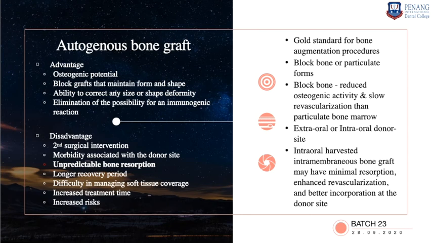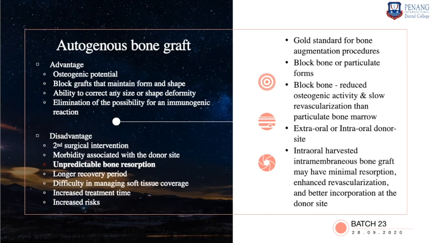The disadvantage is obviously a second surgical site. You need a second surgical site for harvesting the graft, either the mandible, the ramus or the chin, or the maxillary tuberosity or an extraction socket in the intraoral sites, or extraoral sites like the anterior iliac bone graft or posterior iliac bone graft.